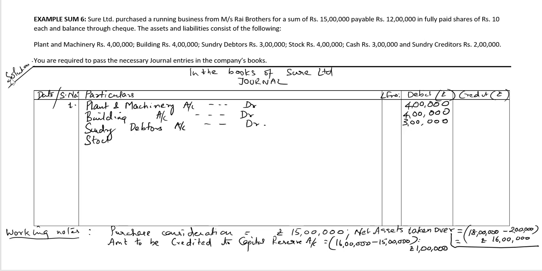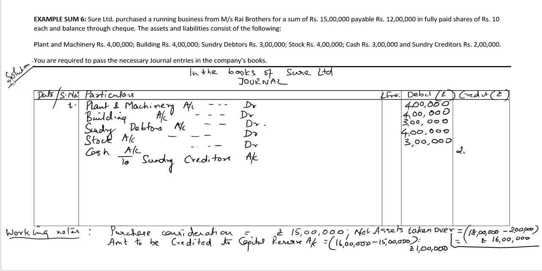Stock account debit ₹4 lakh. Cash account debit ₹3 lakh. To sundry creditors account ₹2 lakh. To the name of the vendor, Mrs. Rai Brothers.